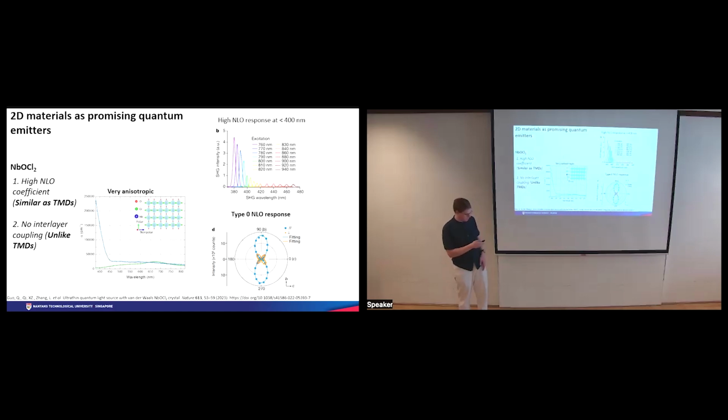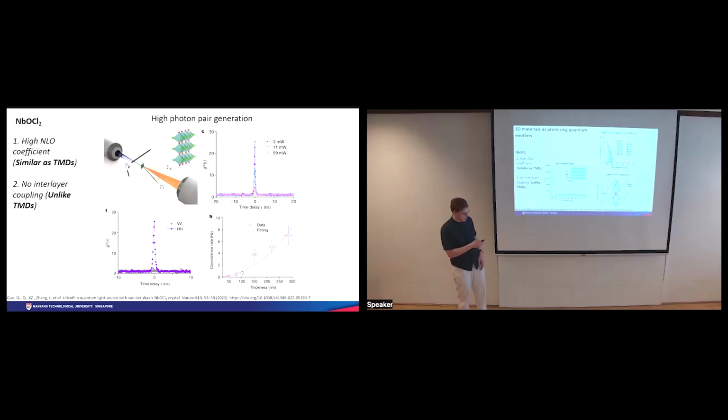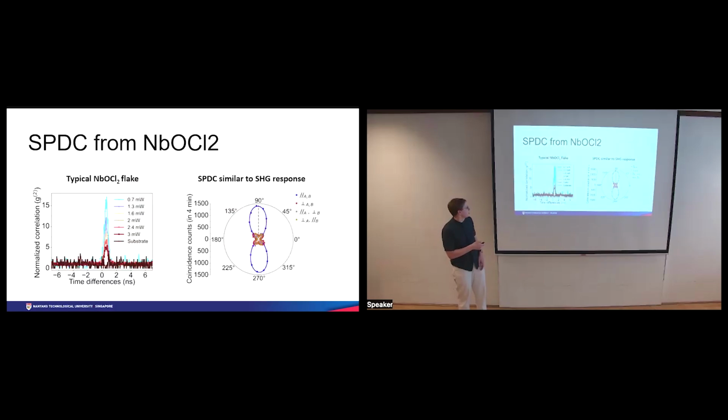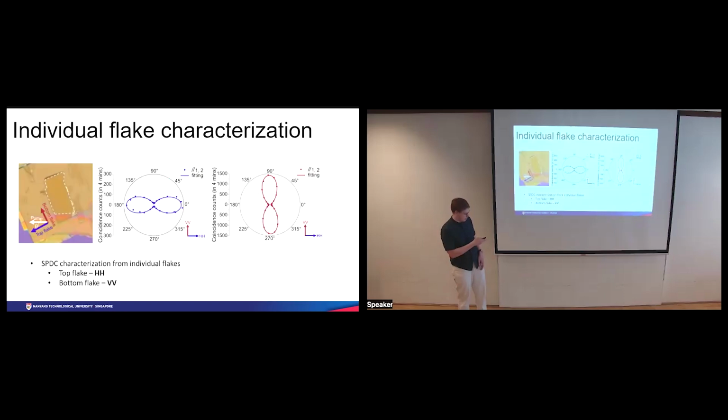The other part of the pump is the polarization for the top flake and then for the bottom flake. For this component, the penetration depth is actually not that much.